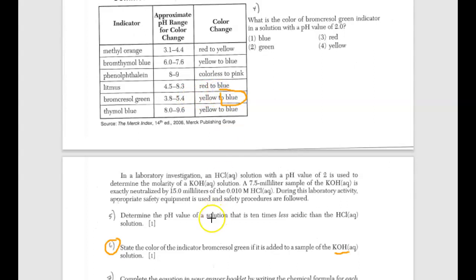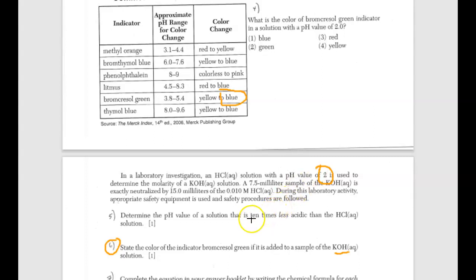Let's go back to number 5. Determine the pH value of a solution that is 10 times less acidic than HCl. Well, you're told that the HCl solution has a pH value of 2. Remember, as the pH number drops by 1, so if we were going to go from 2 to 1, the acidity of the solution would be 10 times greater.